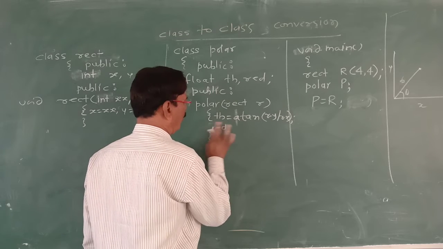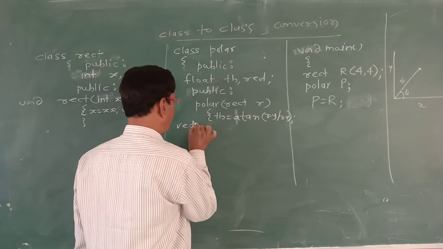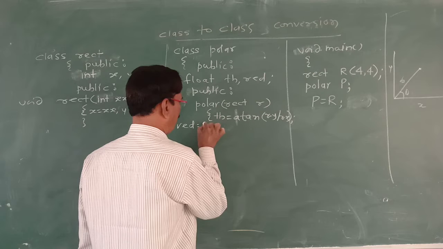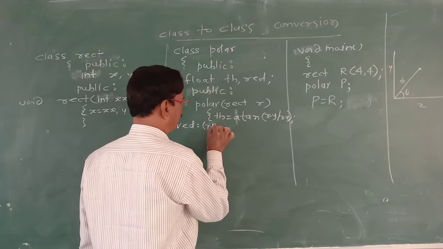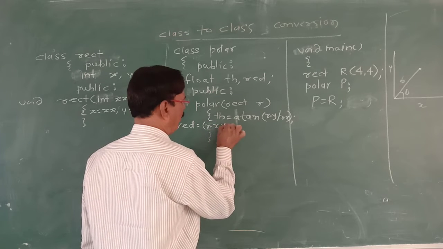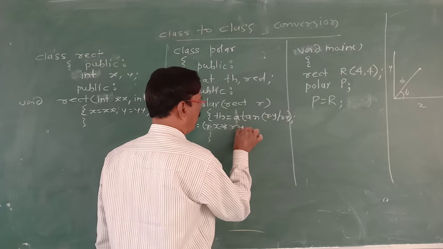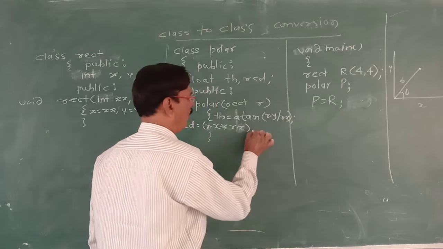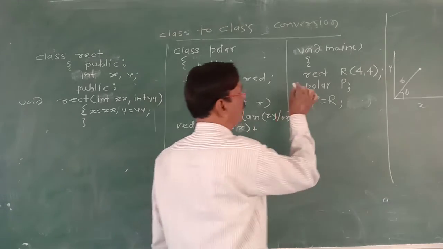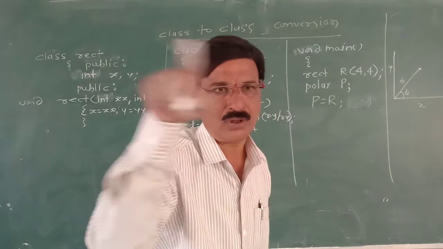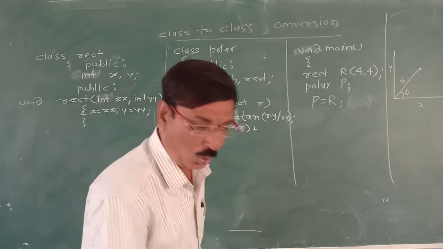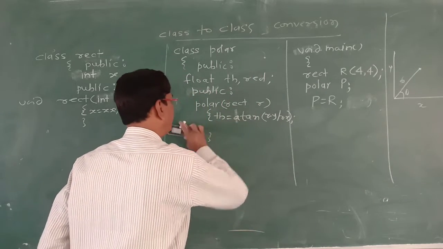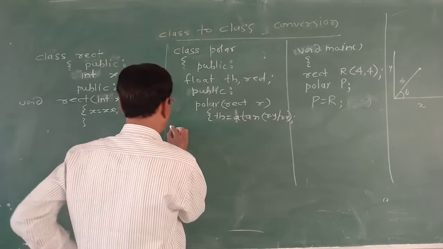Radius: we know that radius is equal to the square root of x square plus y square. Under root can be written as SQRT.